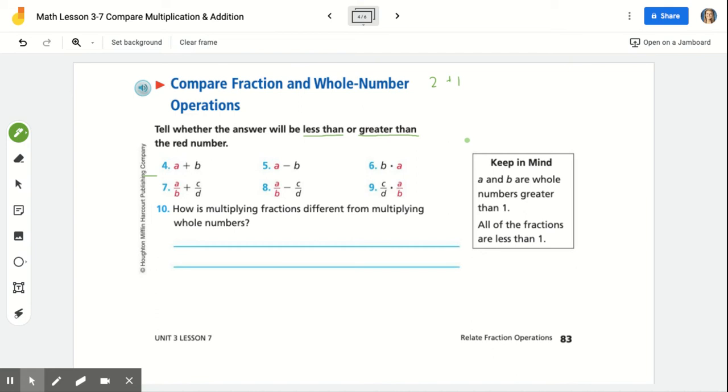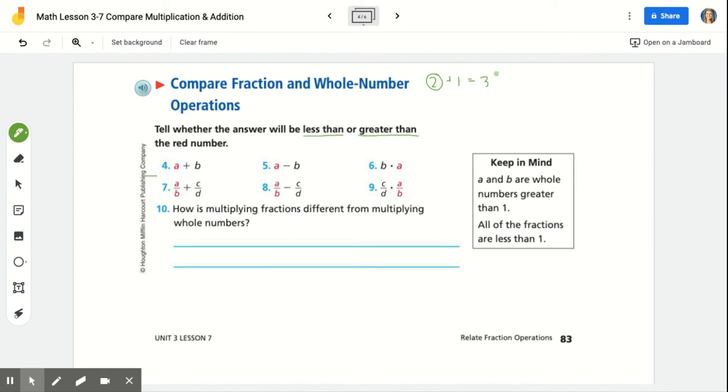Before we even solve, and I know you already know the answer, A is in red. I want you to circle that number 2. 2 plus 1, are we going to get an answer that's larger or smaller than 2? Yeah, we're going to get an answer that's bigger than 2. We already know the answer is equal to 3. Is 3 greater than or less than 2?